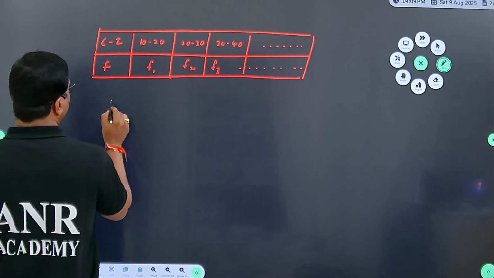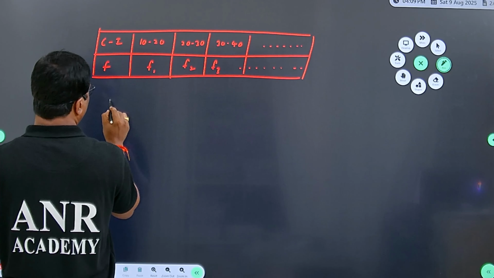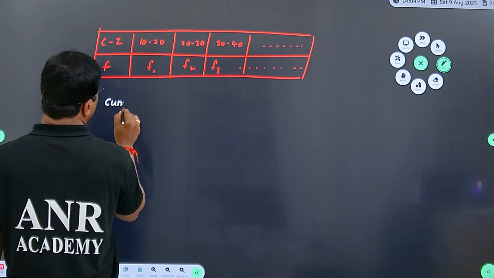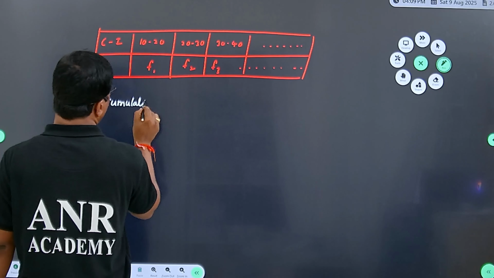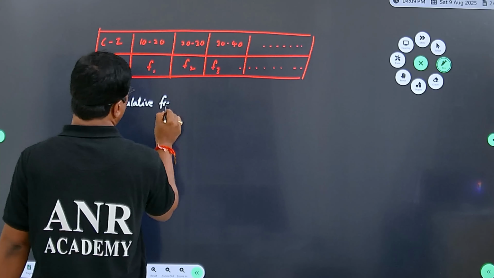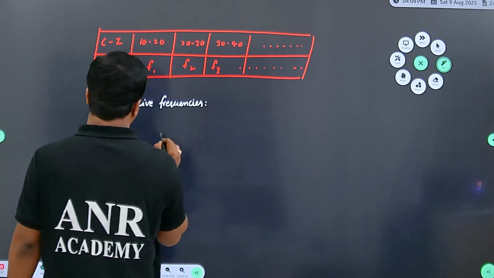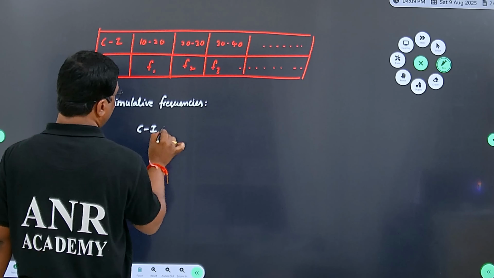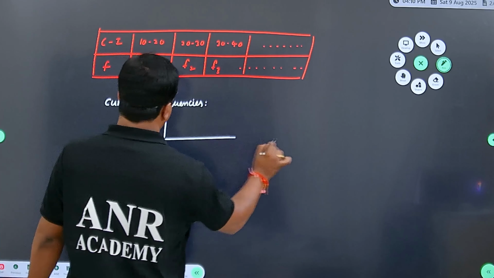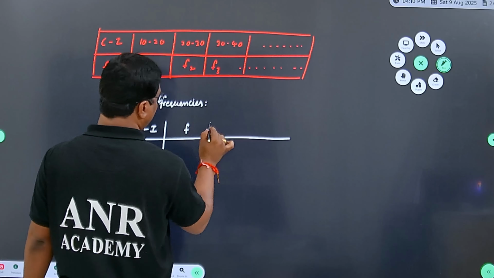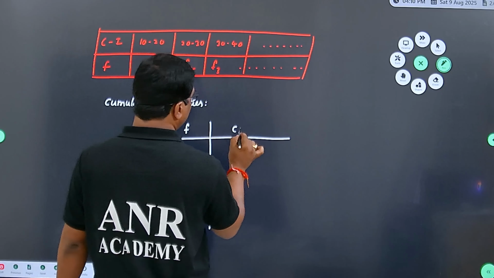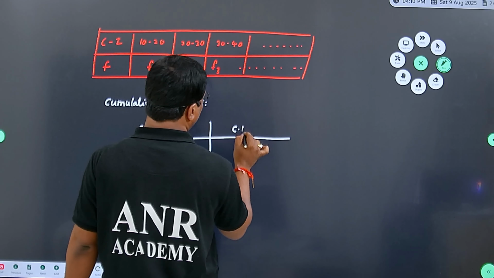First we have to find cumulative frequencies. Class interval, next corresponding frequencies, and then you have to find cumulative frequencies.